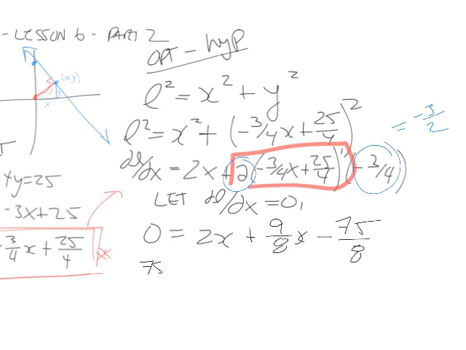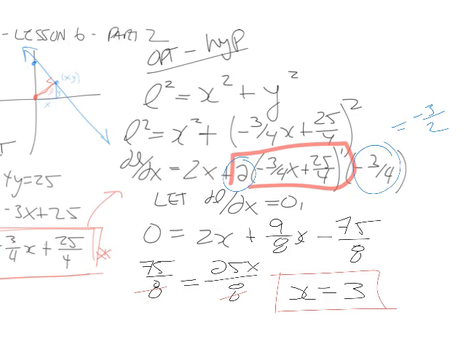So we can rearrange. The 75 over 8 goes to this side, and we have 2x plus 9/8 x. That's like saying 16 over 8, so that's going to be 25x over 8. The 8's cancel, and we get x equals 3. Now we can plug that in to get our coordinate.